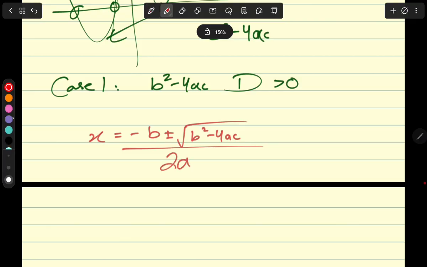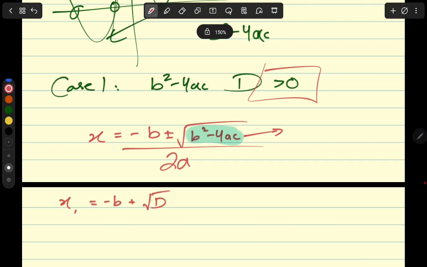Now, this highlighted part right here, this is the discriminant, right? Now, if this is greater than 0, then you get 2 roots. So x1 becomes minus b plus under root of discriminant over 2a, and x2, the second root, is going to be minus b minus the under root of discriminant upon 2a, right?